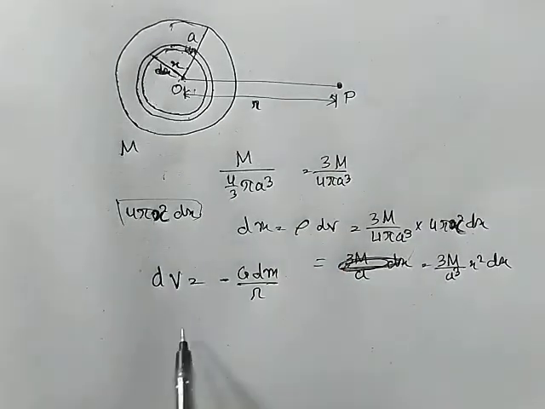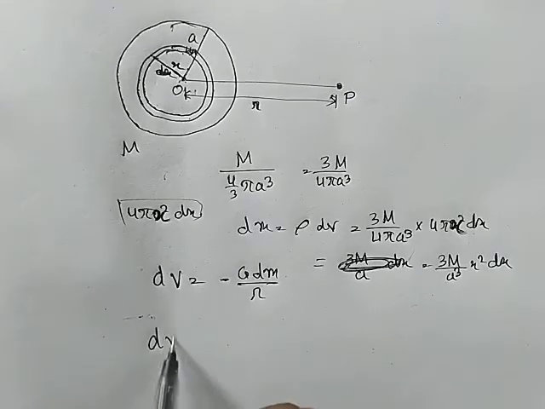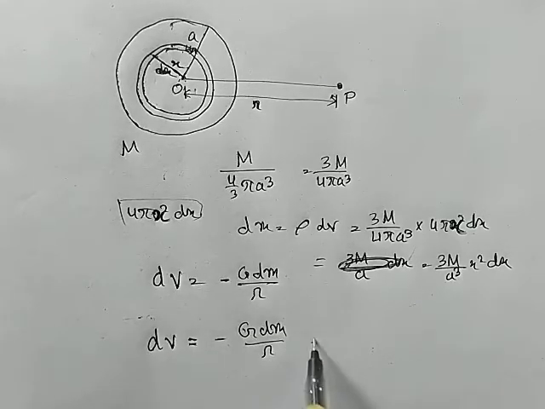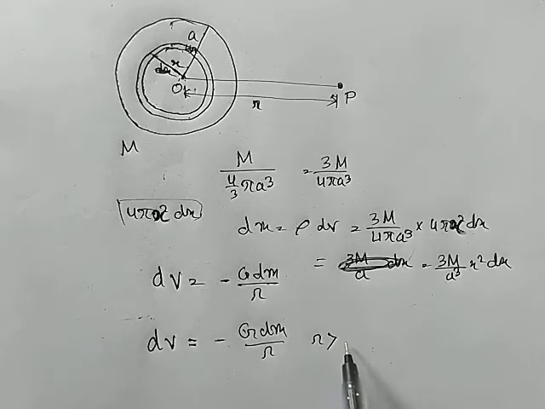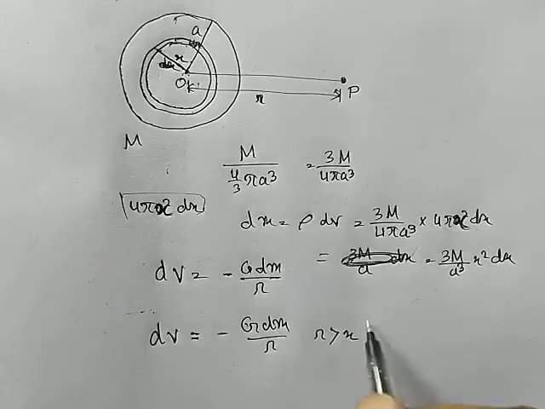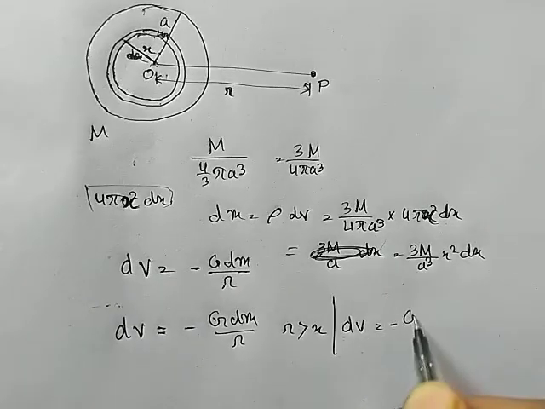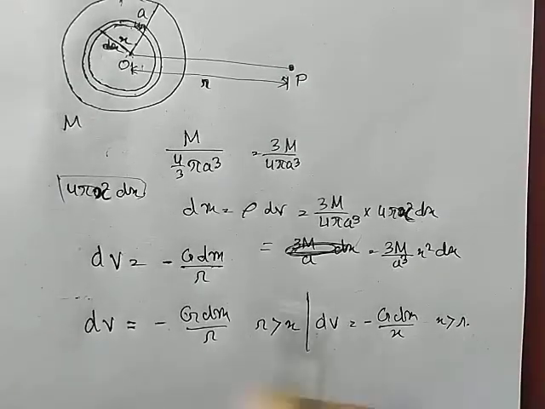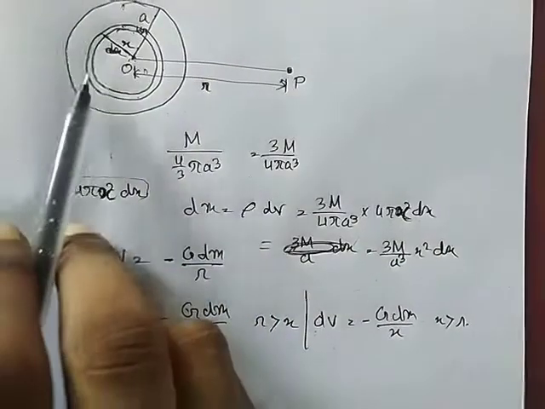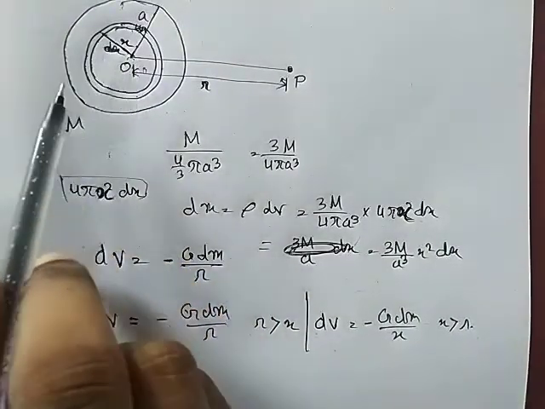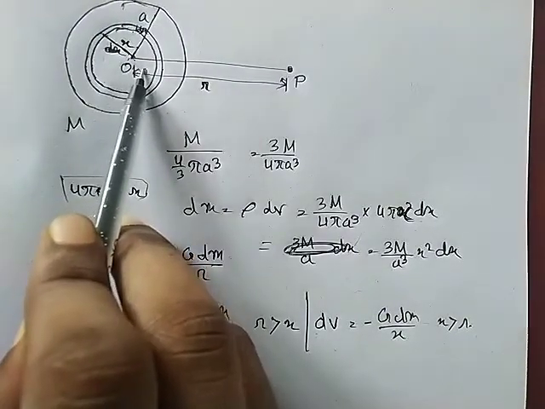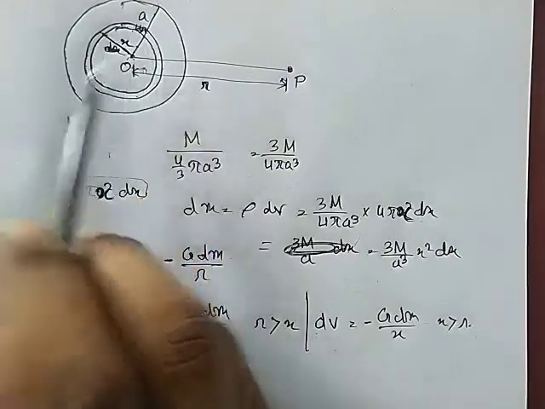So we will write dV equal to minus G dm by r for r greater than x, and dV equal to minus G dm by x for x greater than r, that is, this point is located inside this radius, this distance is r, and this is the radius x.